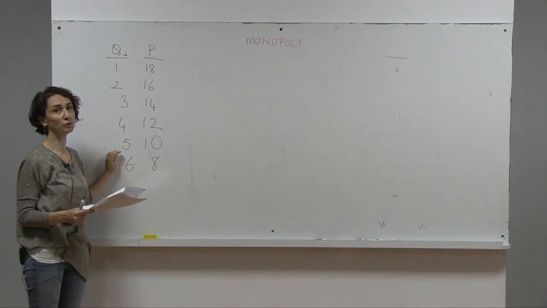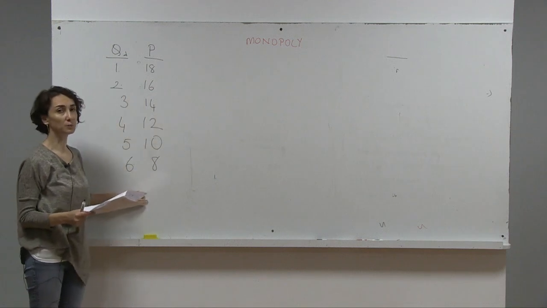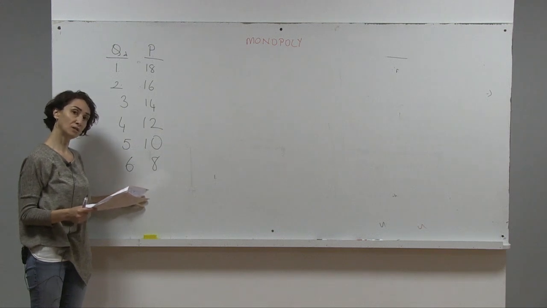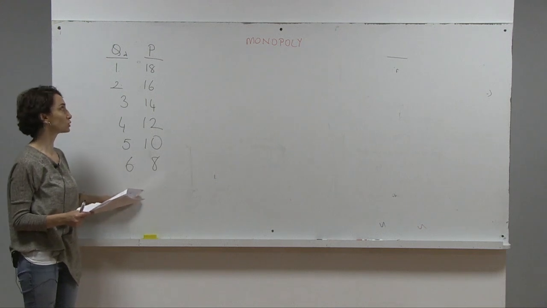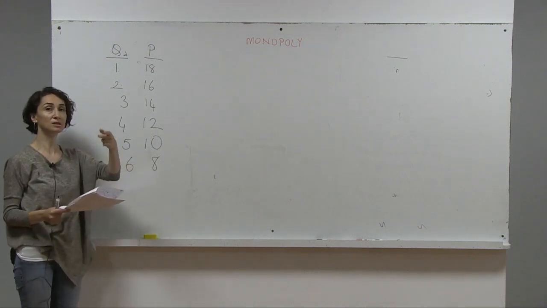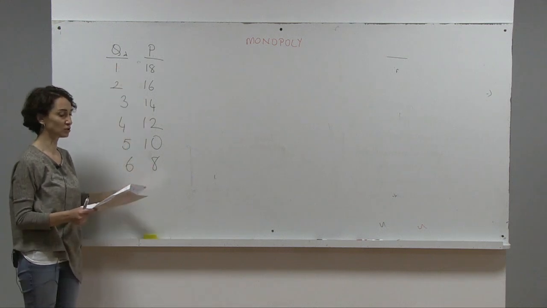I will not show you how you find it now. You play with it, but later we will work on using the equation themselves to show profit maximization of a monopoly firm. So the question I am leaving for the discussion part: what is the equation that represents this relationship?